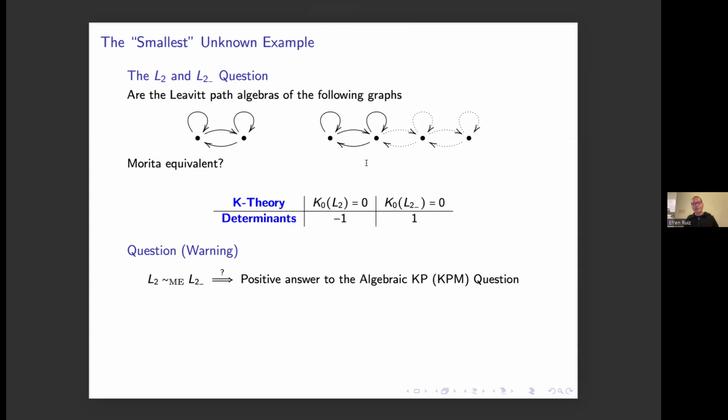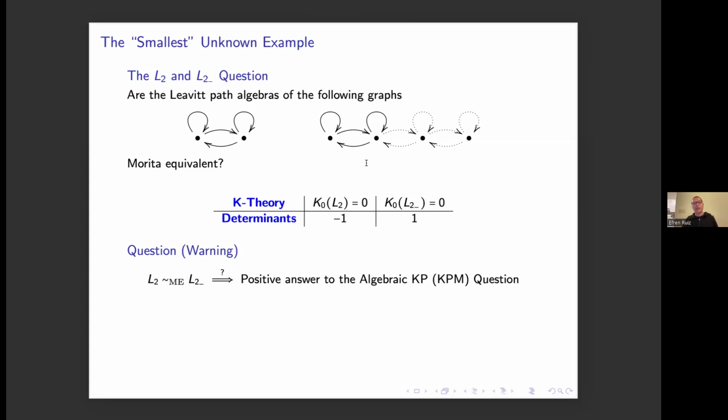That was my wrong preconceived notion. As I was working through these things, I wanted to say, okay, I just need to solve this L2 and L2 minus question, but it's unknown if this is sufficient in order to say the positive answer to the algebraic Kirchberg-Phillips question.